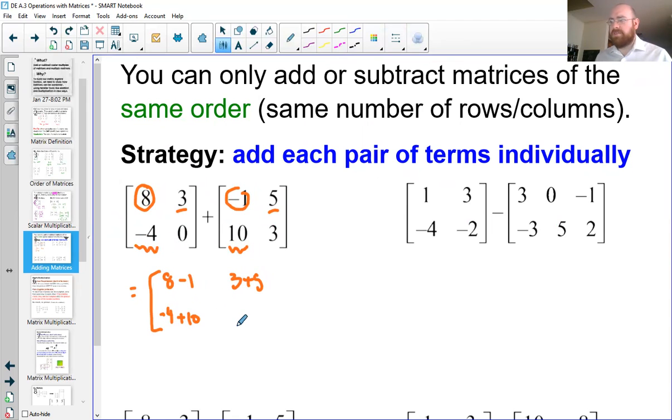And in our bottom right position, we would have 0 plus 3. I can put that in a square. So essentially we're adding like terms where the likeness comes from the position in the matrix. So when we finish these computations, we would have 7, 8, 6, and 3.